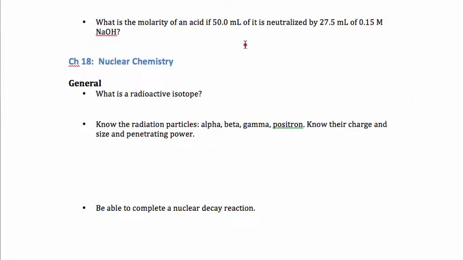So go to your titration equation. MaVa equals MbVb, and I'm looking for Ma. That's my desired thing. I know Va is 50. You don't have to switch to liters if you're consistent and you keep milliliters on both sides.